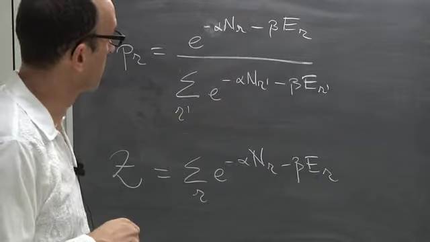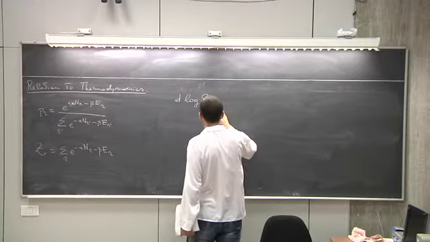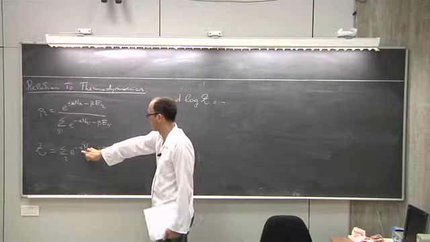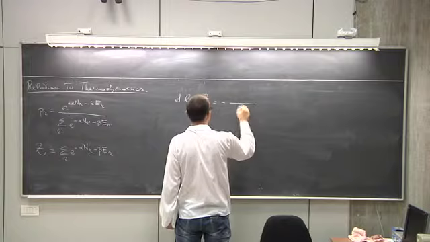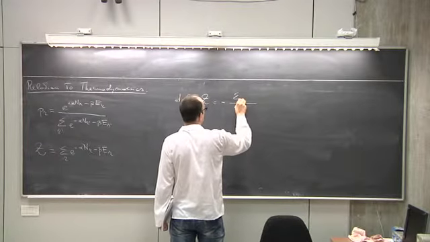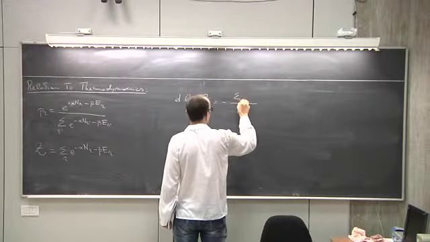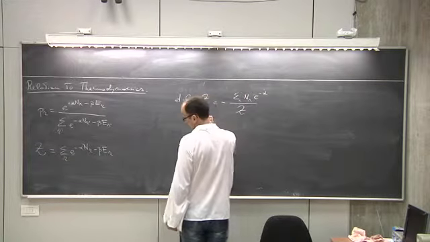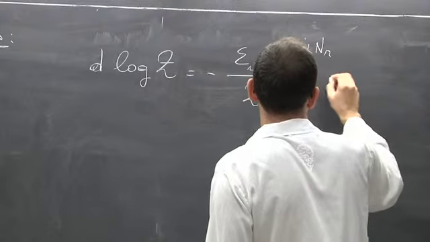And so if I take the differential, there are three parts. One is when I take the differential with respect to alpha. So here I will have 1 over Z times the sum over r of n_r e to the minus alpha n_r minus beta E_r times d alpha.